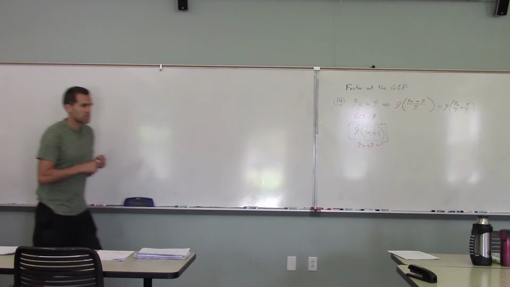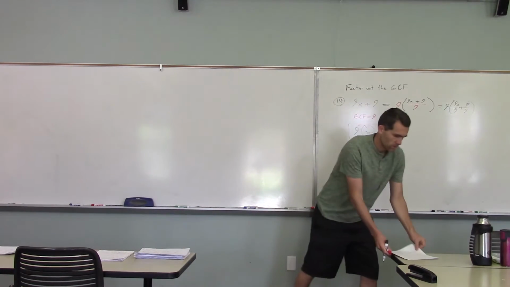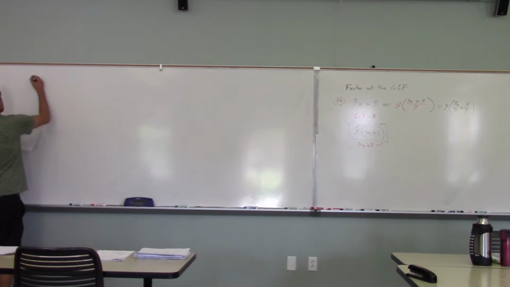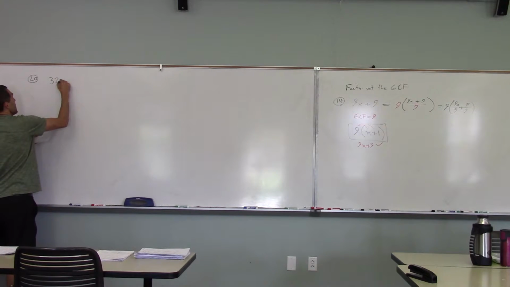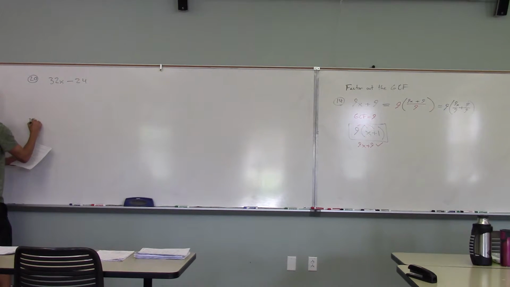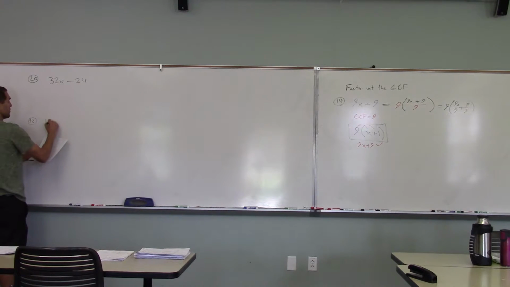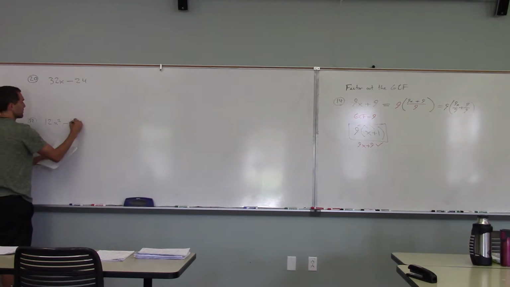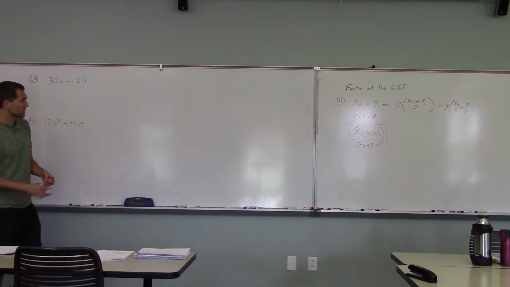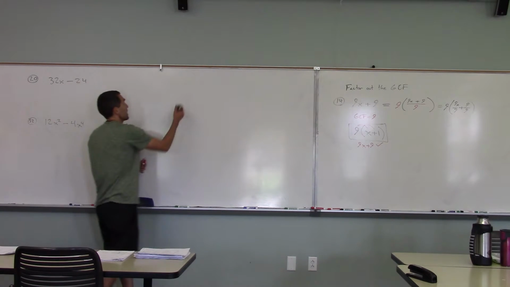Okay, let's do another example here. A problem like 20, which is 32x minus 24, and a problem like 32, which is 12x squared minus 4x to the 4th. And off to the side, I'm just going to talk about the general steps.